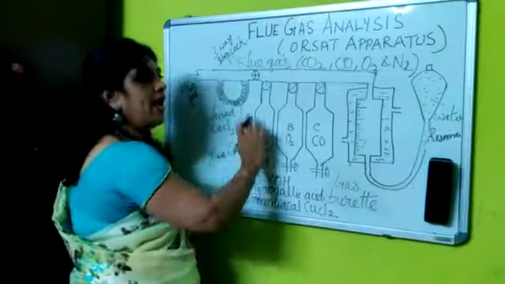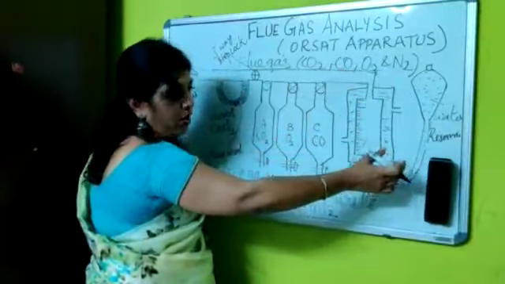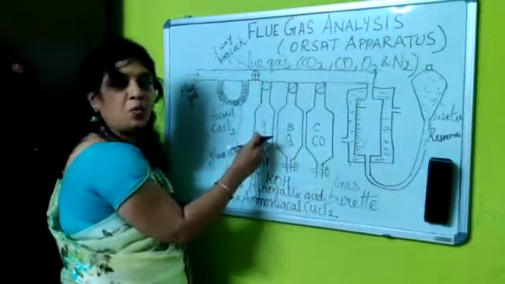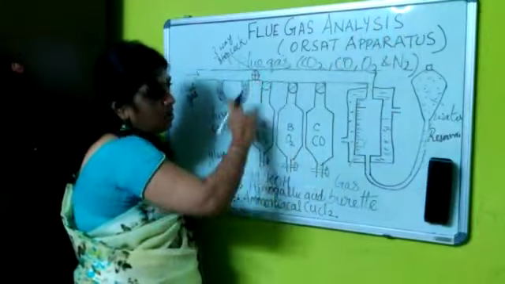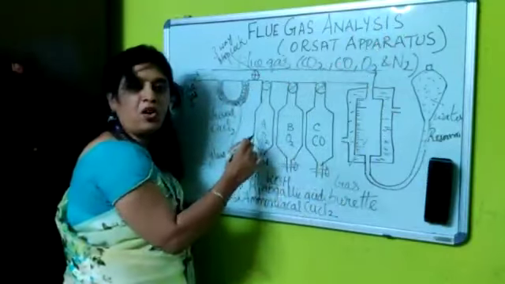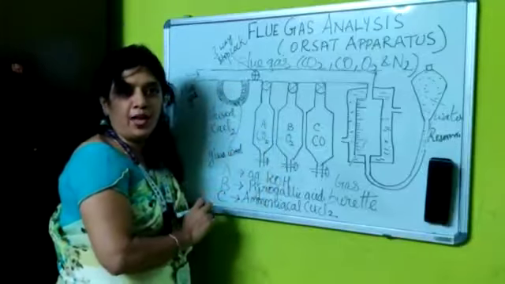After absorption, it is sent back into the gas burette by lowering the water reservoir. Again by raising the water reservoir, the gas is sent into absorption bulb A, and this process is repeated several times to ensure that all the carbon dioxide has been completely absorbed.